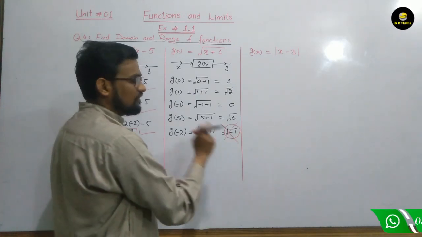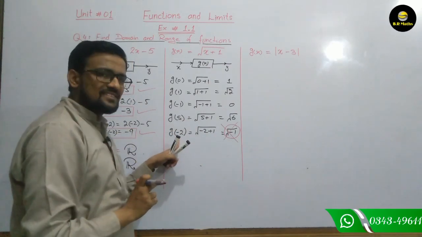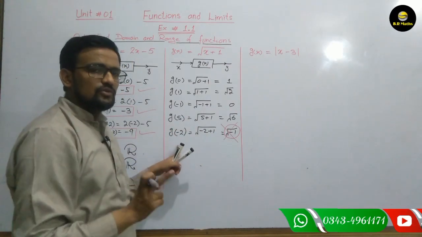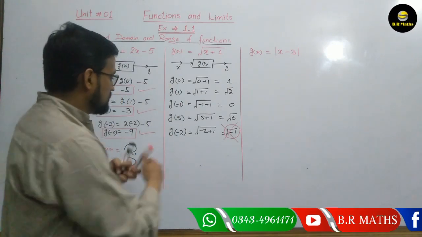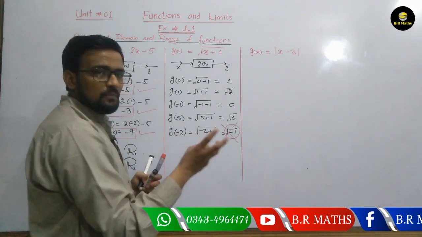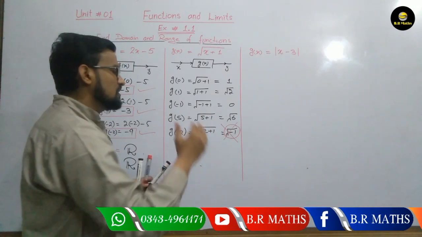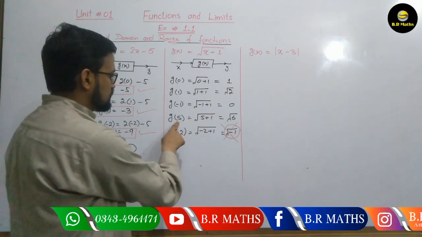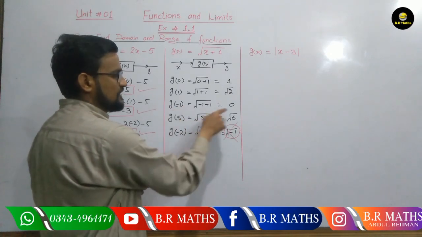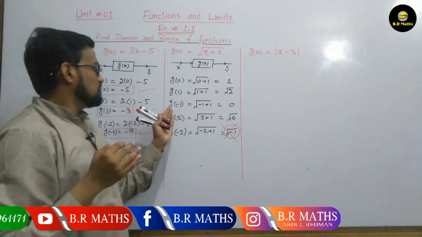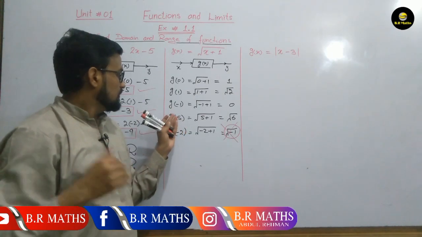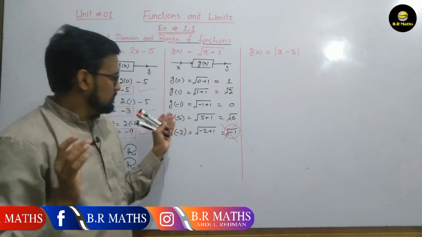If the result is not satisfied, the value of x cannot be used in this function. So minus 2 is not usable, nor minus 3, minus 4. Minus 1 is satisfied, but all values less than minus 1 are out of the domain.